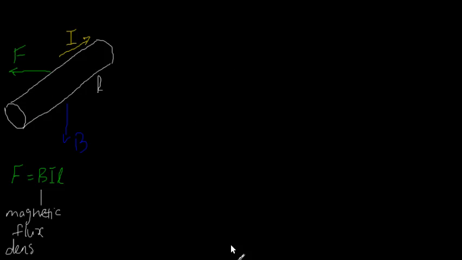Right, so calculating this overall force is quite straightforward. It's just a matter of putting numbers into this equation. Let me do that first. So I shall take some example values.